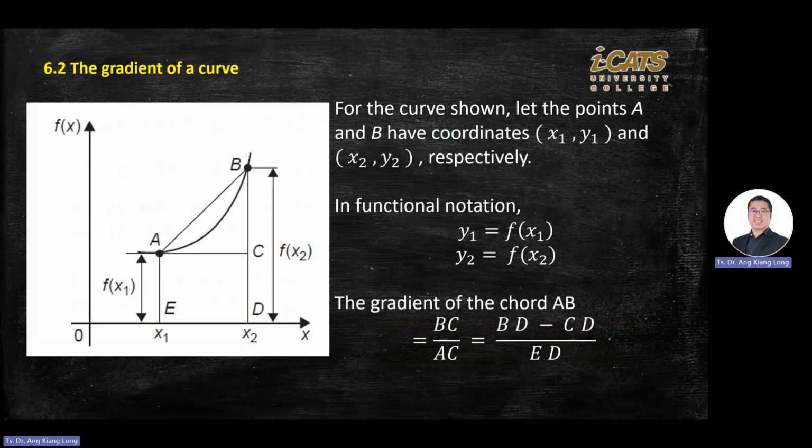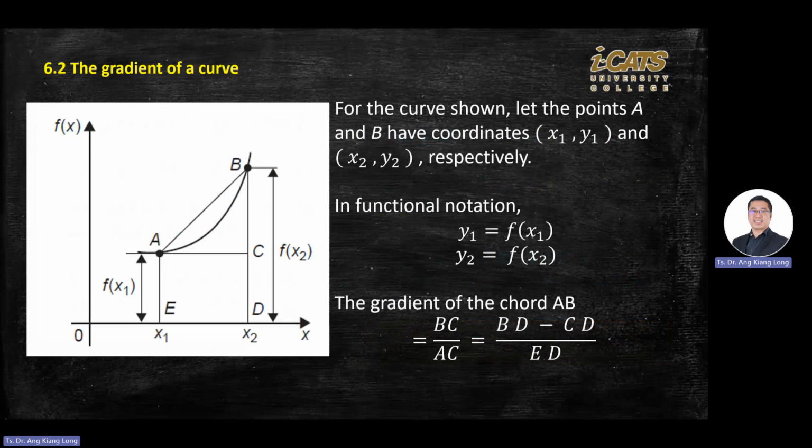You know how to find the gradient of this line, y equals mx plus c. How do you get the gradient? You take the difference of y divided by the difference of x. You take this distance divided by this distance. On the graph, how do you find BC? BC is BD minus CD. How do you get AC?